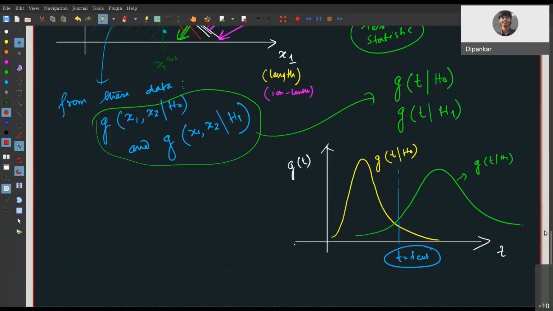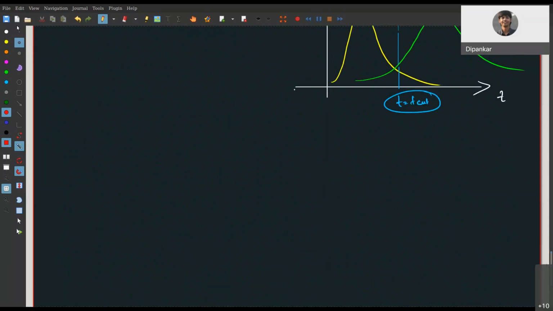I will mostly focus on this simple example because I can do it analytically.